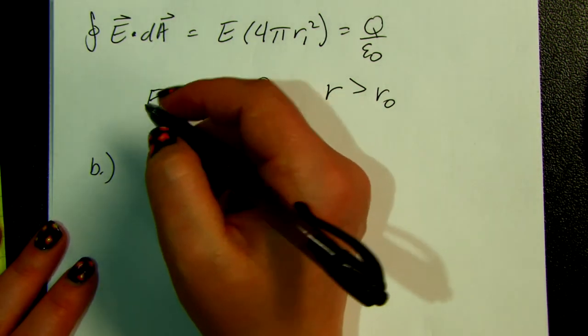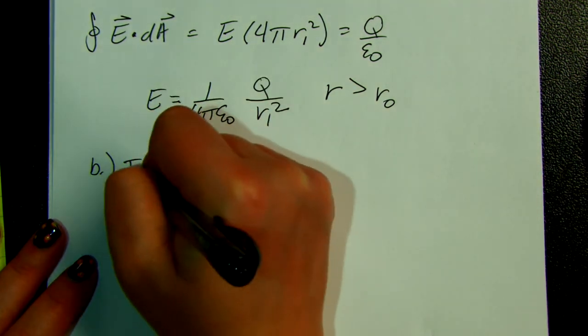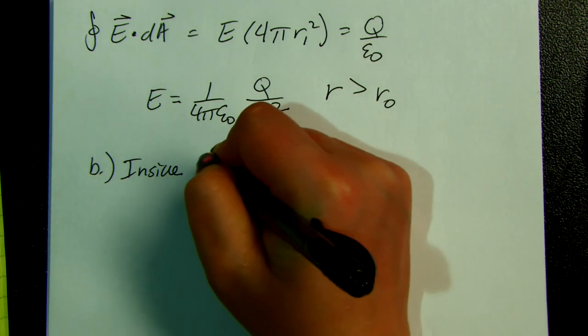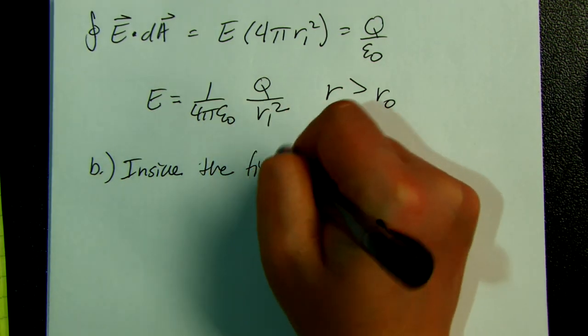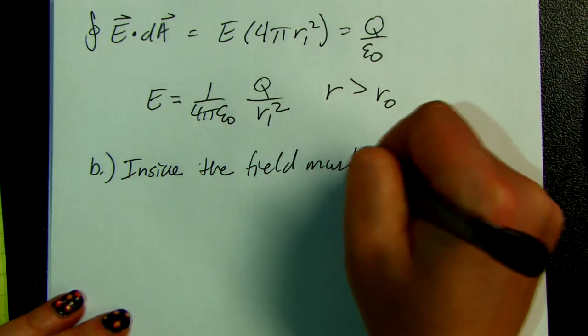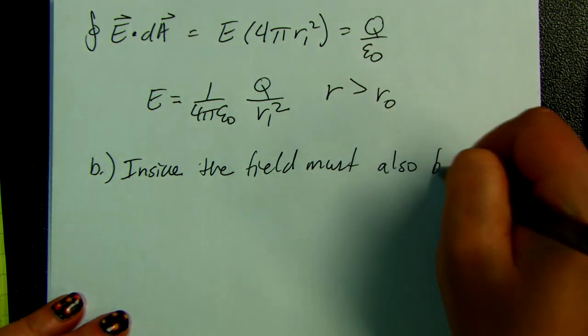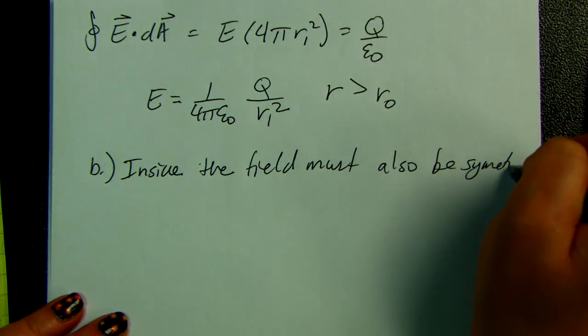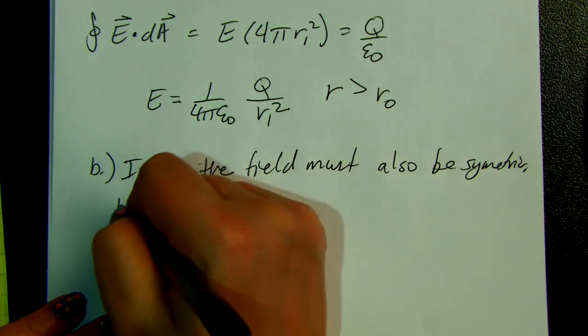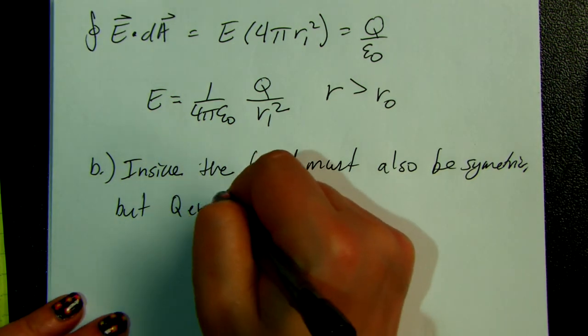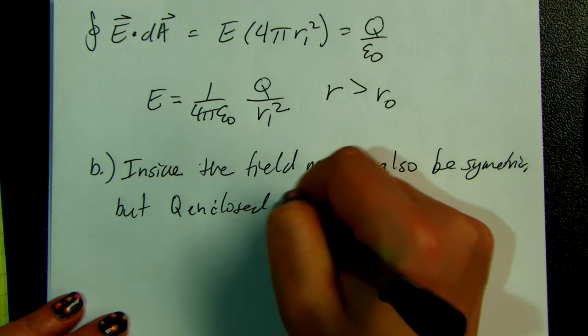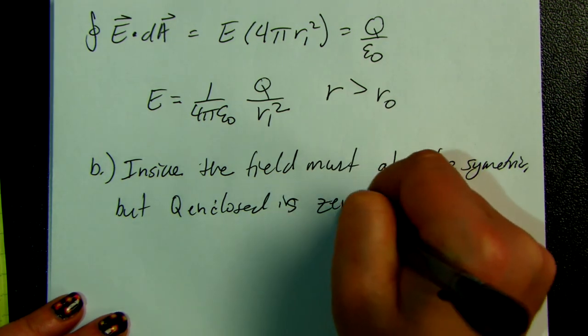All right, so next up, we have inside. The field must also be symmetric. But Q enclosed is 0.